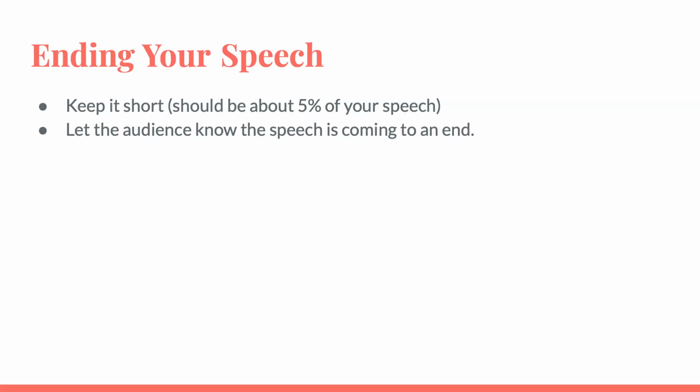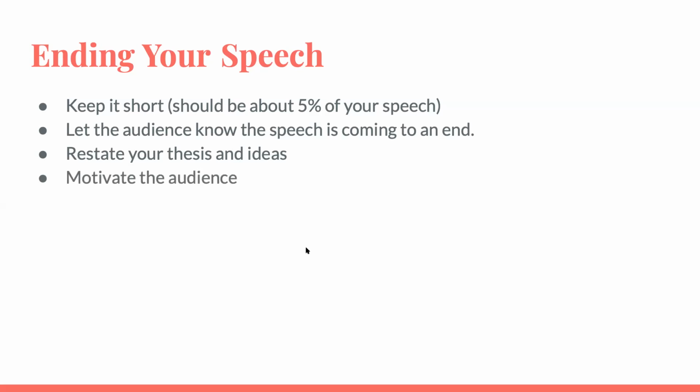We want to leave our audience not with that cliffhanger type of experience, but with a cohesive experience, that everything is wrapped up nicely for them. So you want to let them know that the speech is coming to an end. You have to make sure that you go over your topic and specific purpose, and that you also go over the preview of main points.